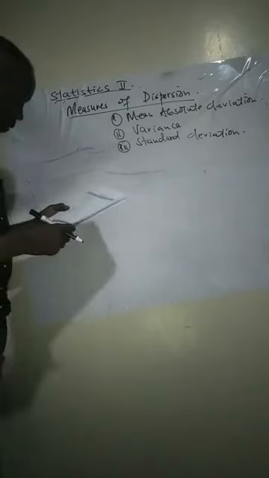So let me capture the table here. So I have length and frequency. 161 to 165, 166 to 170, 171 to 175, 176 to 180, and so on.